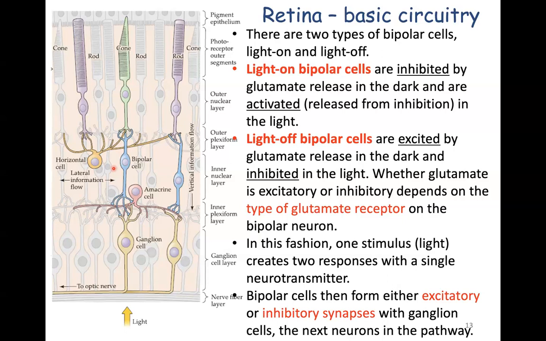So essentially what happens here is one stimulus can either create an on signal or an off signal depending on where it lands. And all of this is dependent on a single neurotransmitter, glutamate. The bipolar cells then will form either excitatory or inhibitory synapses with the ganglion cells in the visual pathway.